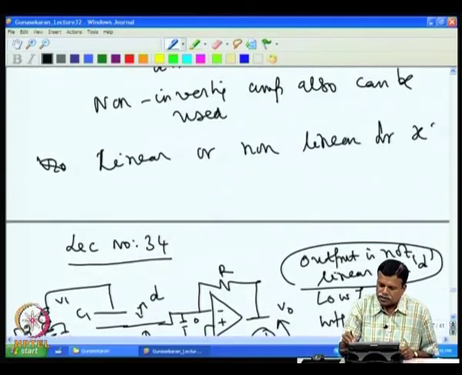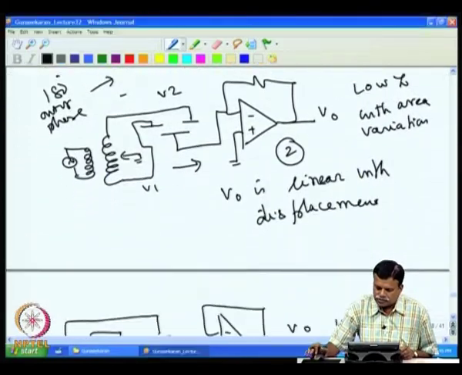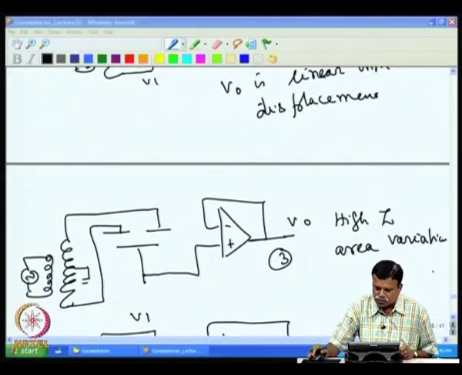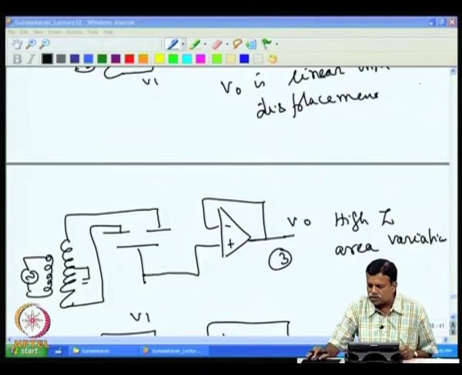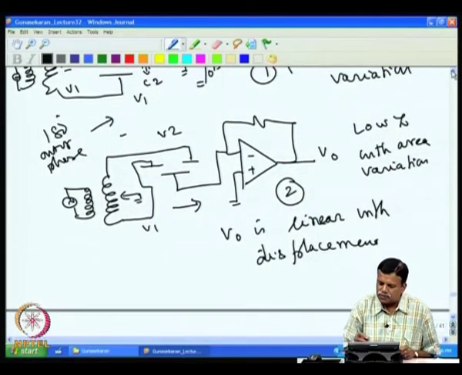This linear or non-linear, that is what we had got as a question. In the previous class we had shown that this circuit, that is number 2, low Z with area variation, has V0 linear with displacement, and we had shown the equation derivation also.